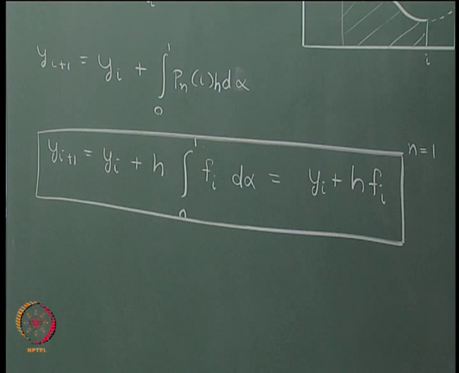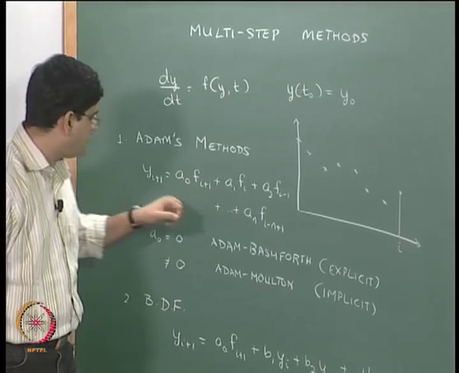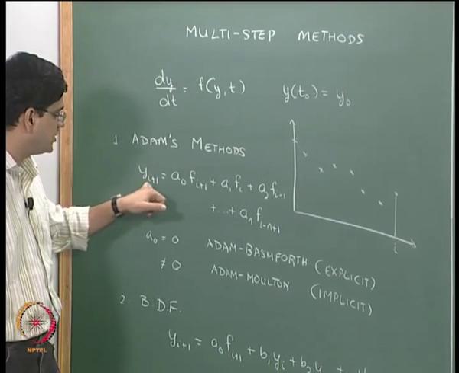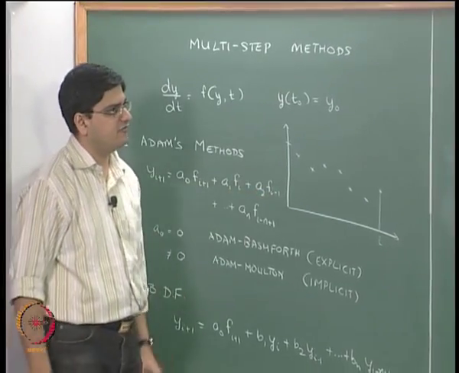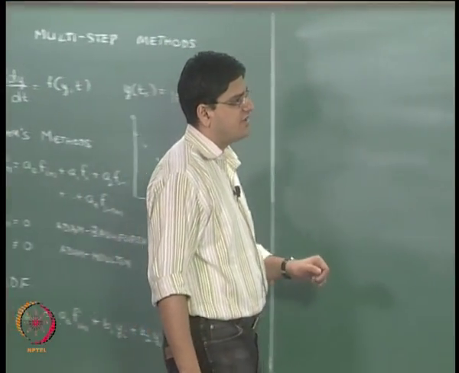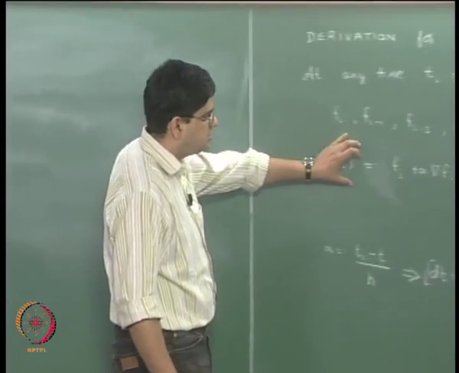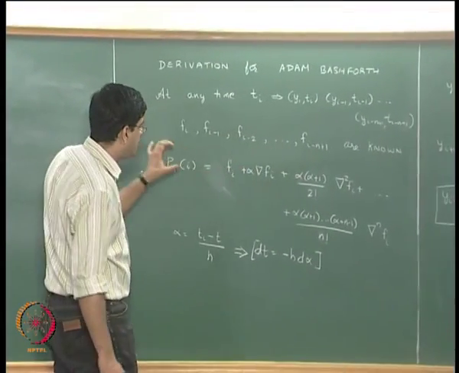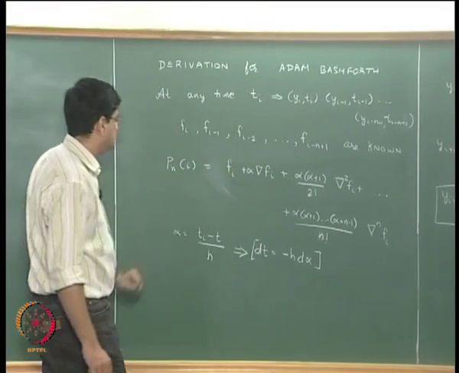And the second order Adam-Bashforth method, if we go on to this particular type of formula, is going to use Fi and Fi minus 1. When it uses Fi and Fi minus 1 in this particular polynomial that we have, we will be left with these two terms, okay.